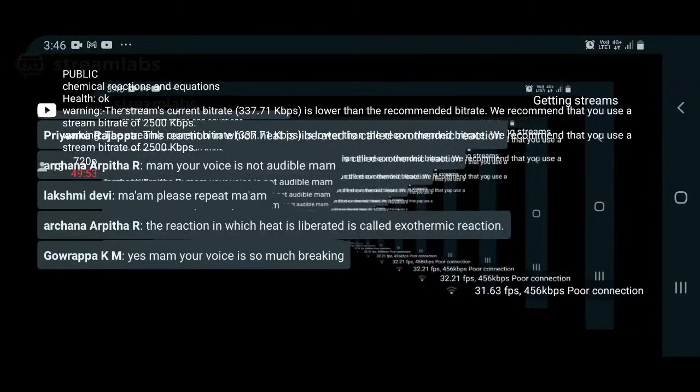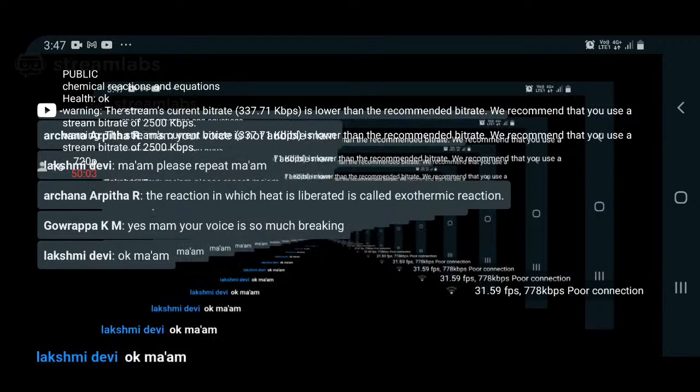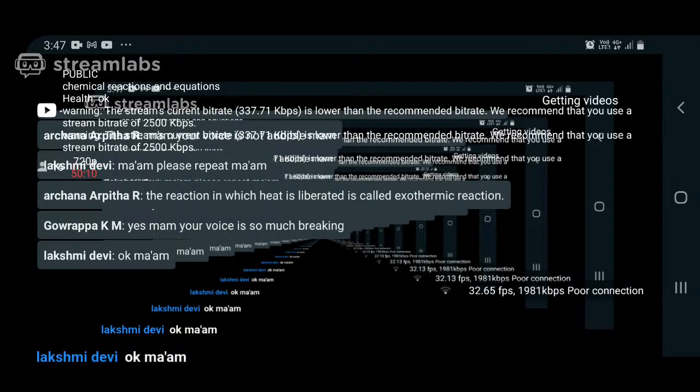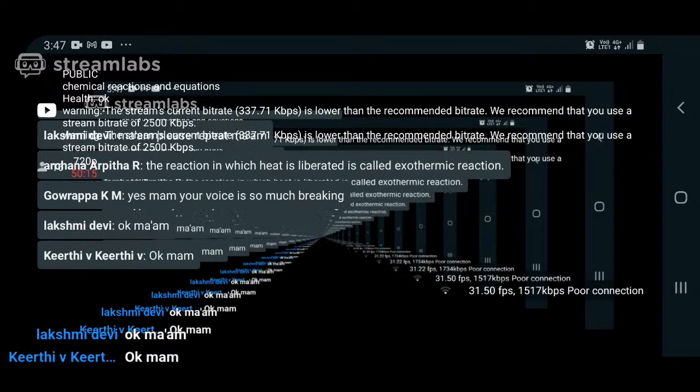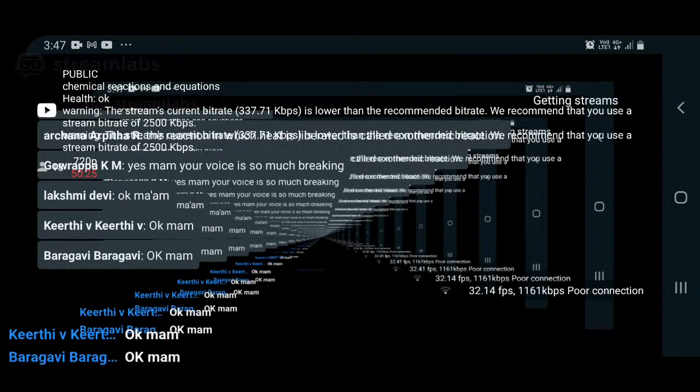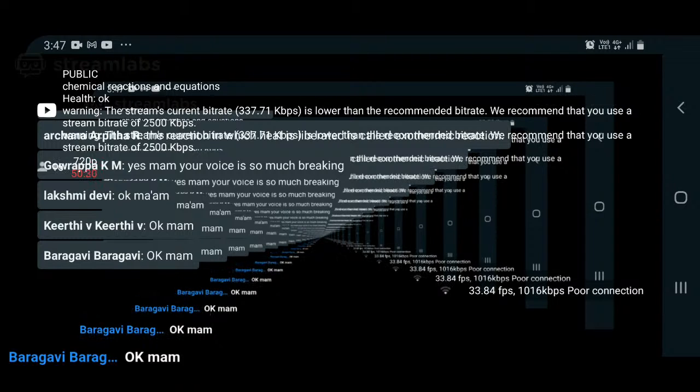Okay. Next we'll move on to the next type, that is decomposition reaction. Decomposition is quite the reverse of combination. Here one reactant breaks down to form two or more products. I'll just share the screen. You just have a look at chemical decomposition reactions.